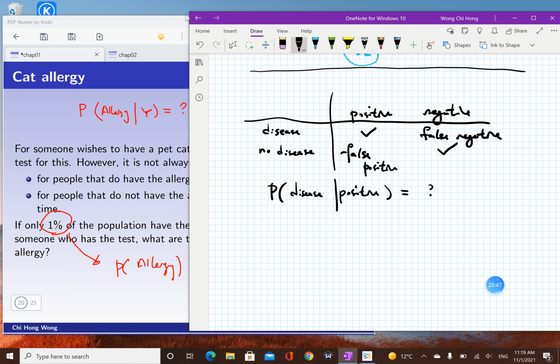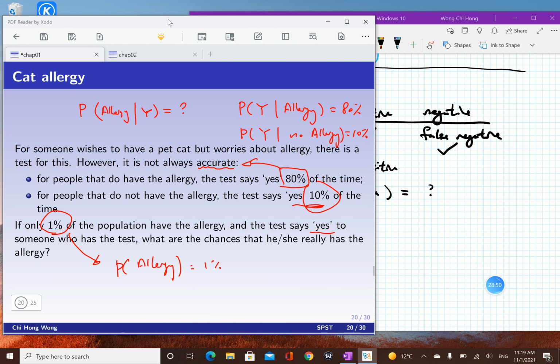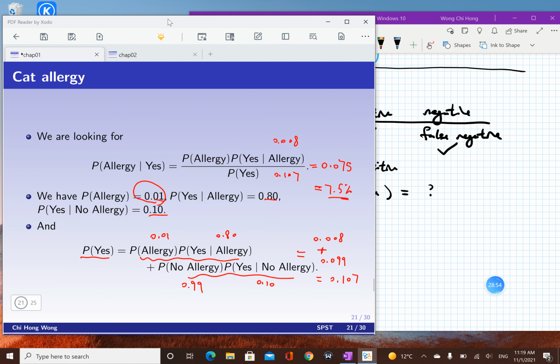But it turns out mathematically we can show that if you have a positive result, it doesn't necessarily mean that you have a high probability, a lot of chance, of having the disease. Strange. I've got a strange feeling. Something wrong with these medical tests, isn't it?